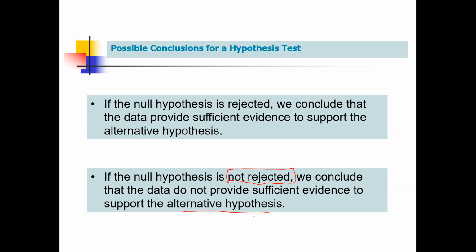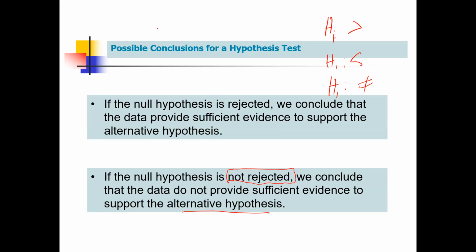And you know, the alternative could be 3 possible things, right? The alternative could be that the answer is bigger than the claim. The alternative could be that the answer is less than the claim, right? It could be that it is not equal to whatever is the claim, right?